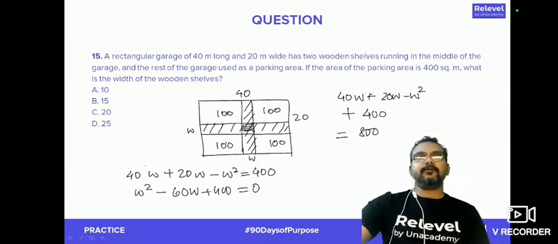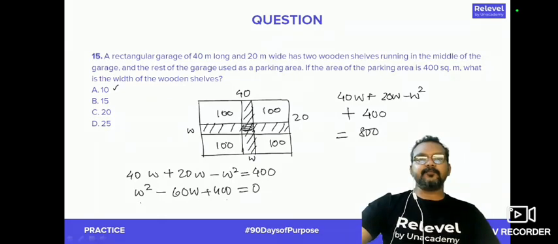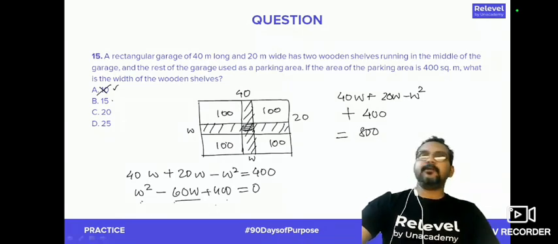So we now need to either calculate the roots, or we can just plug in the values one by one. If I take 10, W is 10, so that means 100 plus 400 is 500, minus 600 is negative, so that's not right. If I take 15, then clearly 15 squared is 225, a number ending in 5. 15 times 60 will be a number ending in 0 and another number ending in 0.